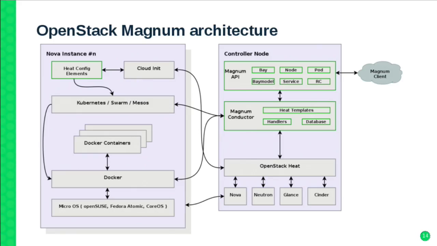And as I mentioned, Magnum is using a special image, and this image should have the package called Cloud Init installed, which will take all the metadata from OpenStack, and other packages related to Kubernetes or to other COEs.